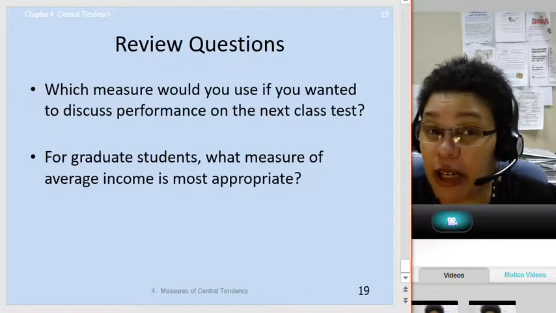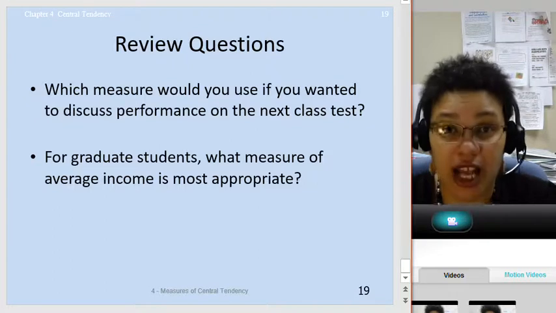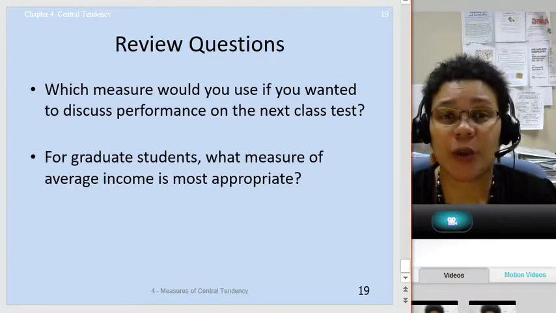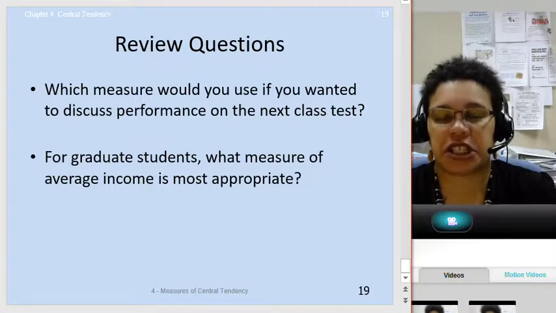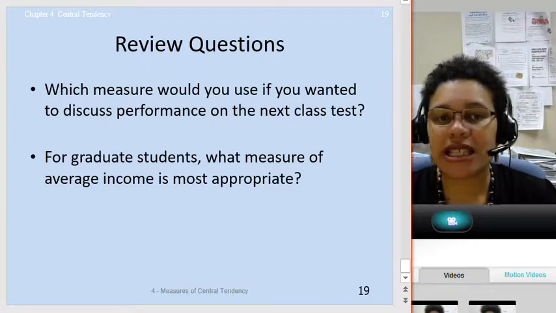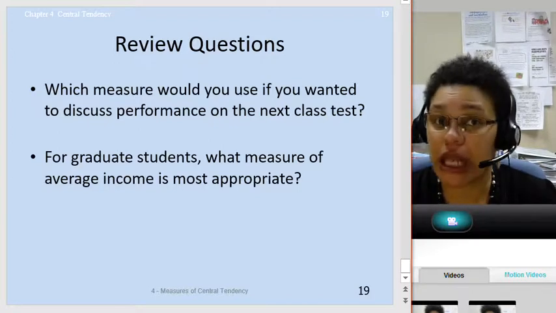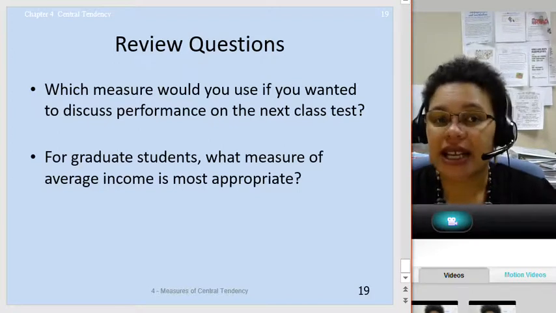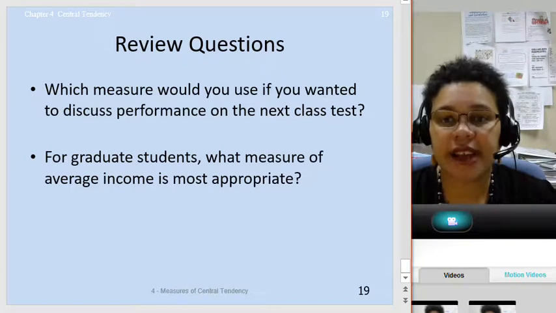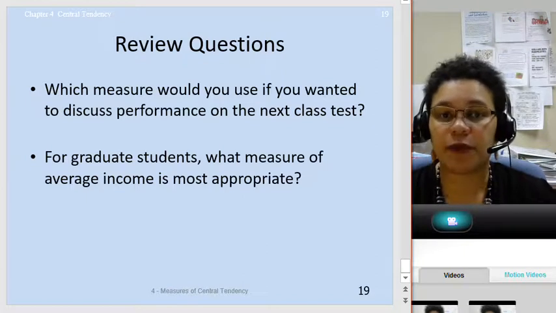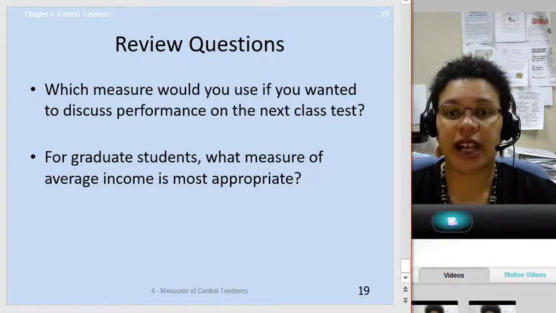For income, most of the time when someone is asking, hey, I wonder what the average income is of folks who live in Augusta, let's say, what they want to know is the median, because the median gets rid of those extreme values. So in Augusta, you have people of all walks of life, right?